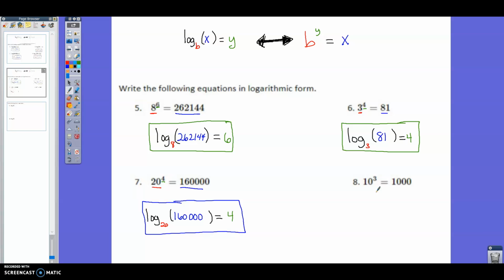So then the last one on this one is we have log. We're going to keep our base, which in this case is 10. Then inside the parentheses goes the number by itself, in this case 1,000. And we're going to set that equal to our exponent, which is 3.